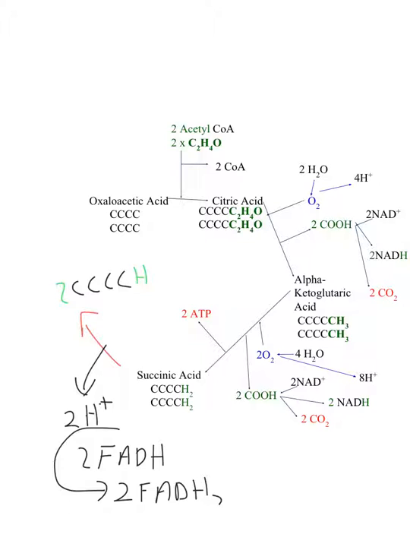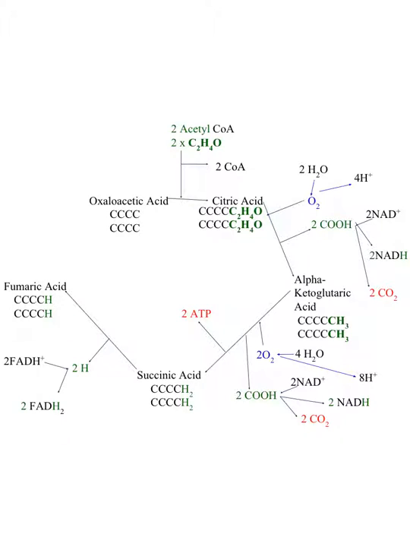So our last step is to go from fumaric acid back to oxaloacetic acid by getting rid of that hydrogen. And once again, our cleaned up version. So we want to go from here to here, but we've got to get rid of that last little hydrogen. So again, enzymatically, we're just going to strip that puppy off.